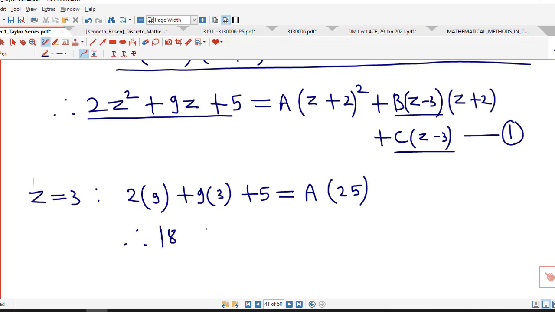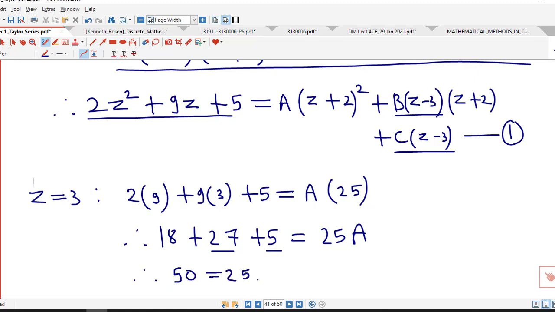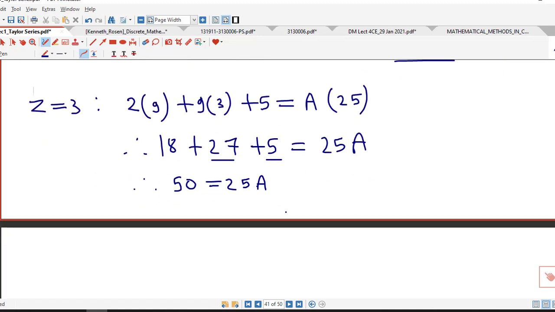So this is 18 plus 27 plus 5 equal to 25 into A. 27 plus 5 is 32, plus 8 is 40, and plus 10, so this is 50 equal to 25 times A, and therefore A equal to 2.